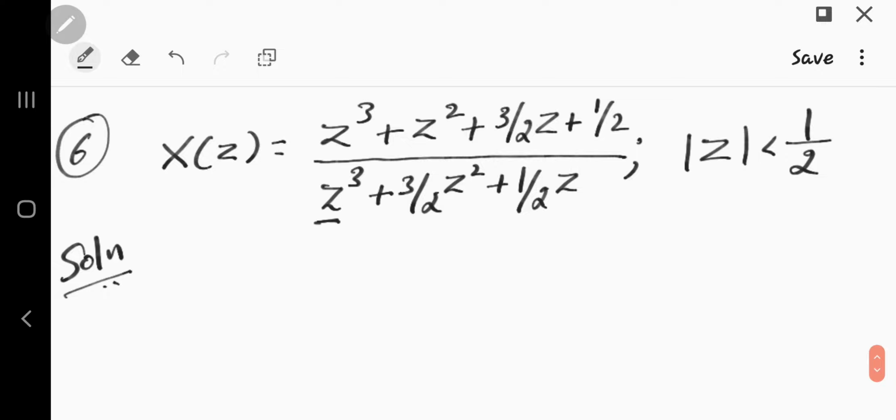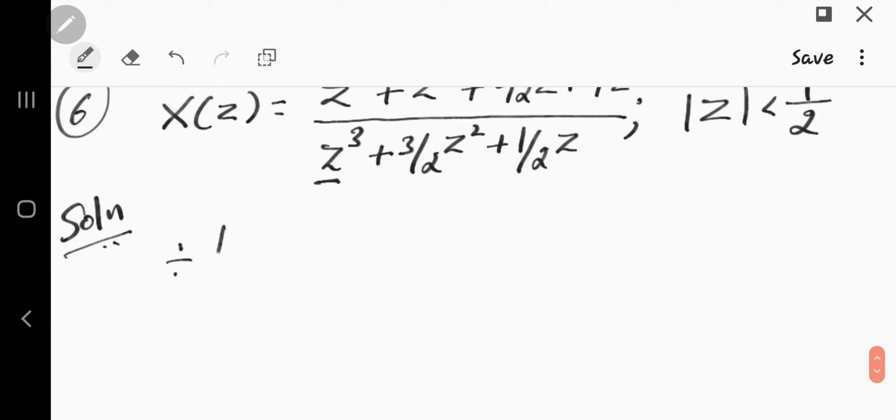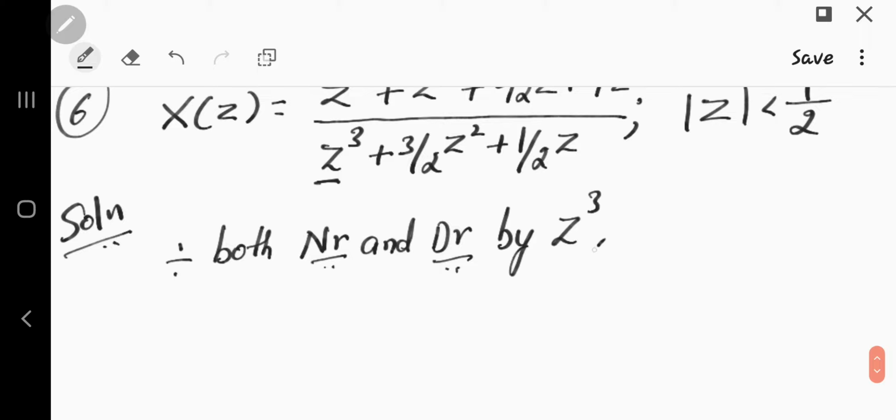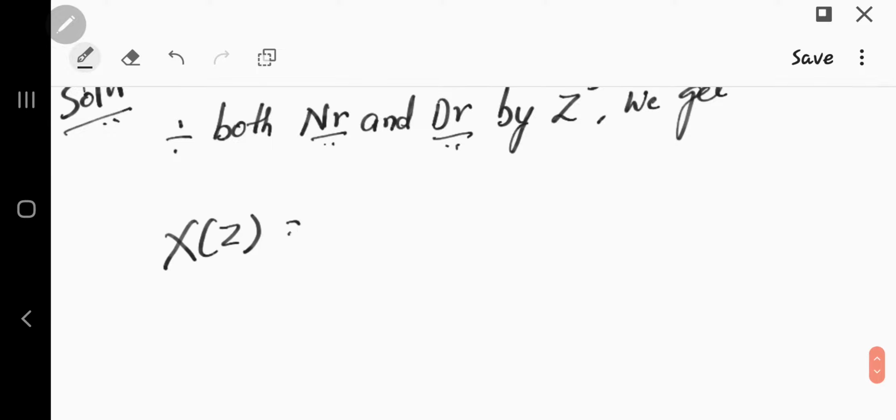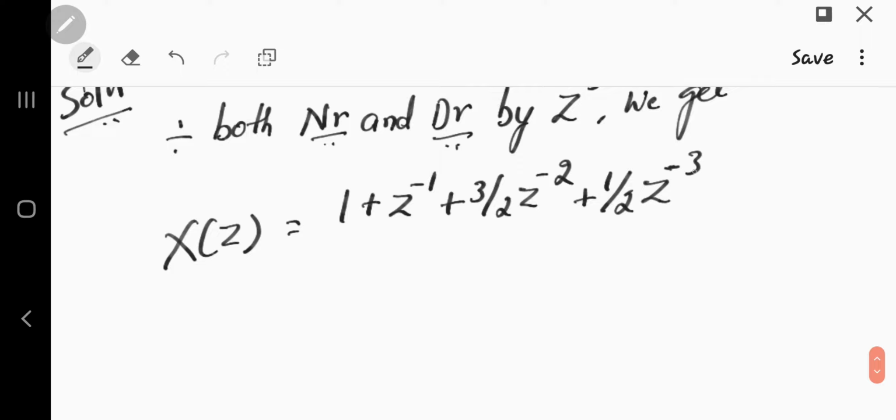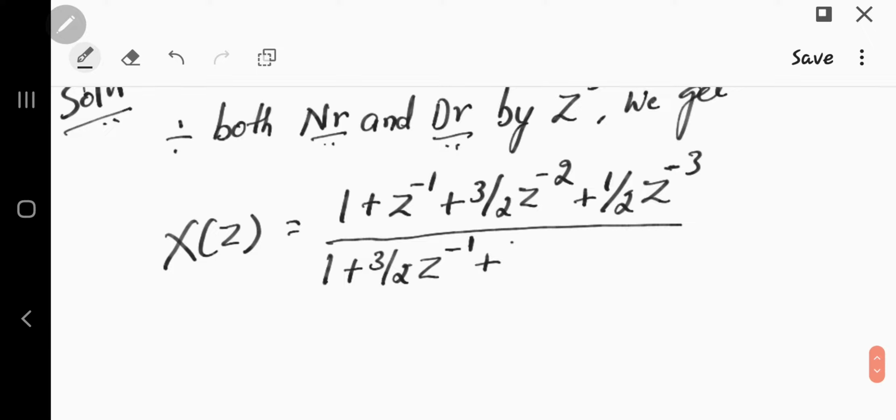Again, z cube is the highest power, dividing both numerator and denominator by z cube, we get x of z is equal to 1 plus z inverse plus 3 by 2 z to the power of minus 2 plus 1 by 2 z to the power of minus 3 divided by 1 plus 3 by 2 z inverse plus 1 by 2 z to the power of minus 2.